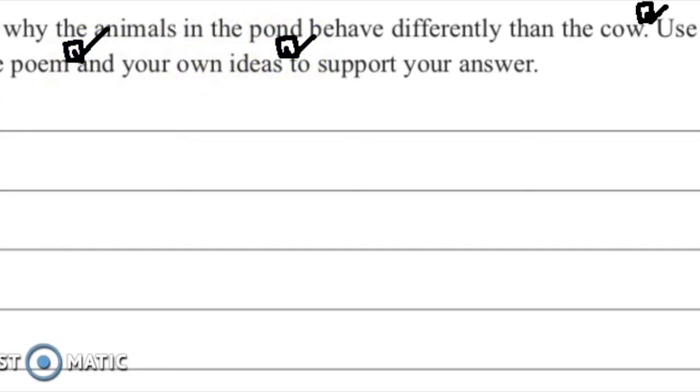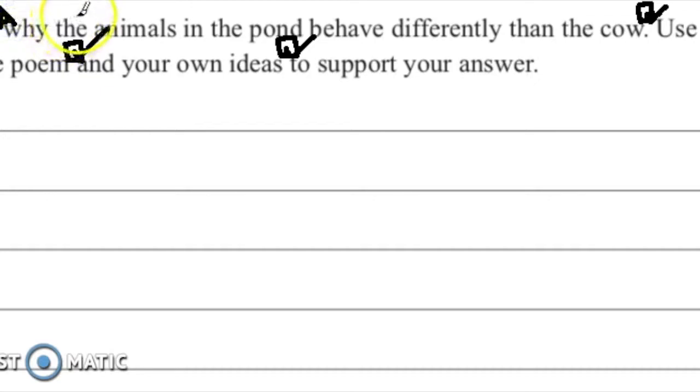Another key success criteria checkbox I've mentioned for students to incorporate into their answers is a reminder to use the words in the question to start their answer.